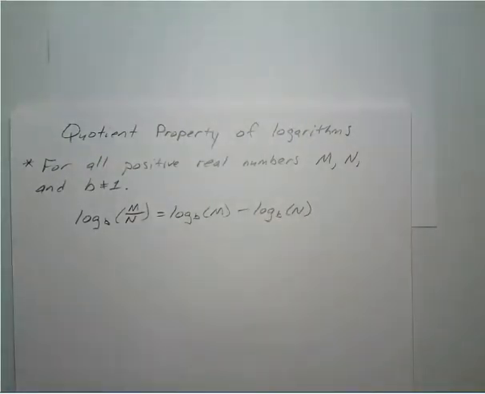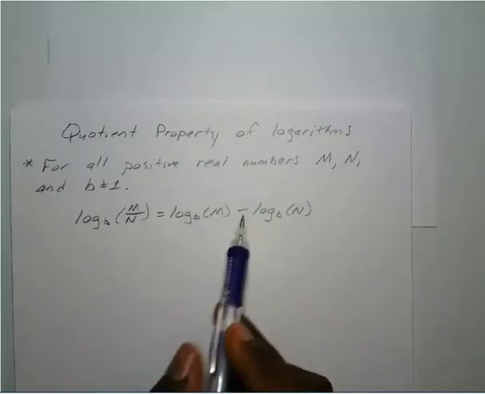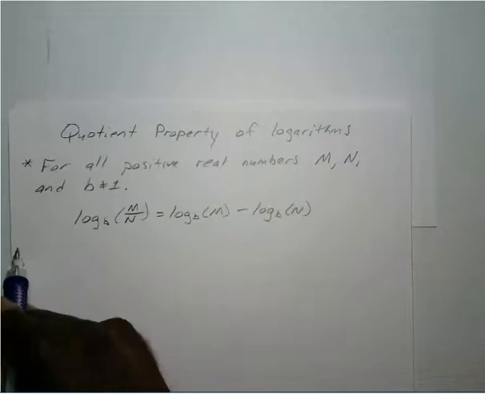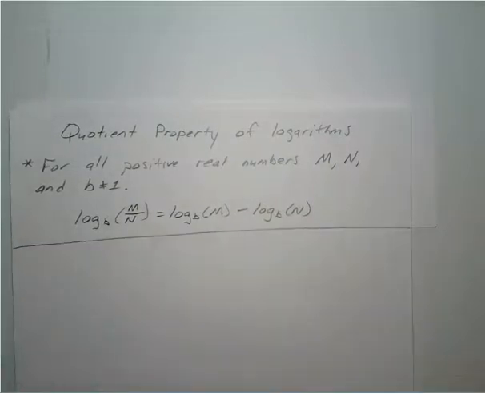So you see with the multiplication property, it was plus. With the quotient property, it's minus. That's just a little difference between the two.